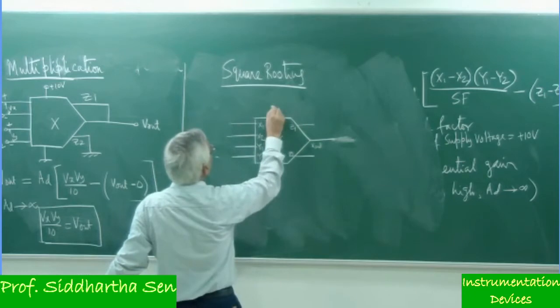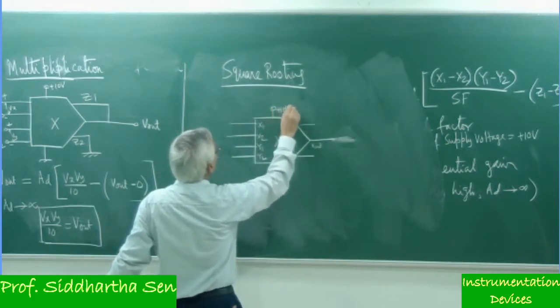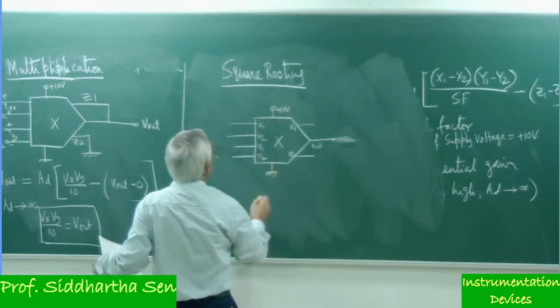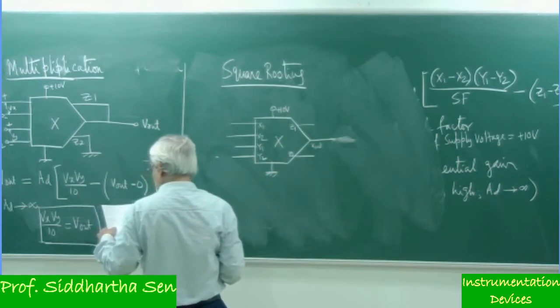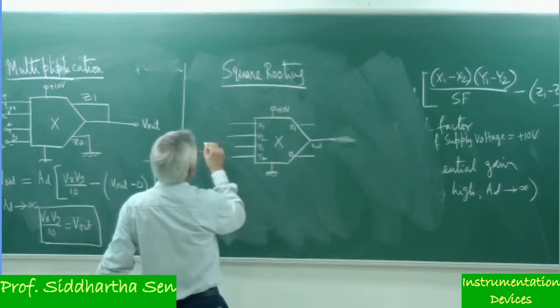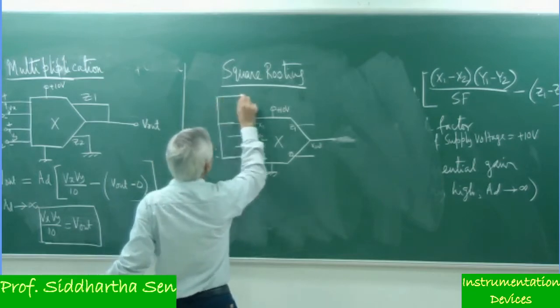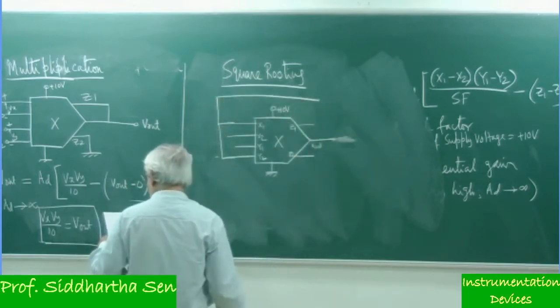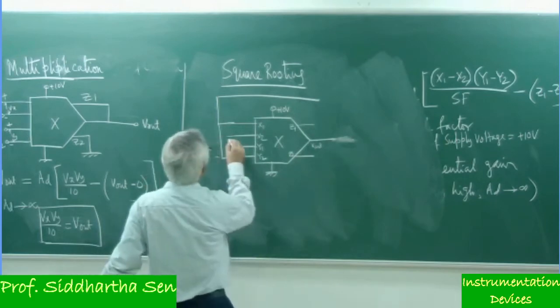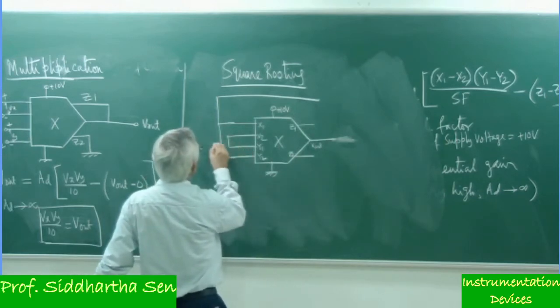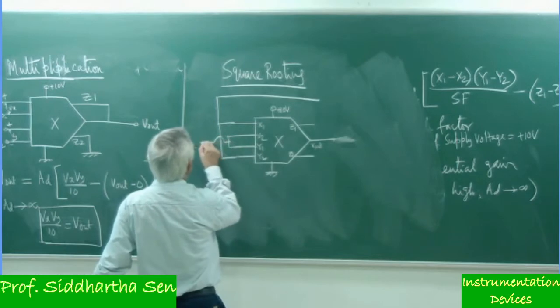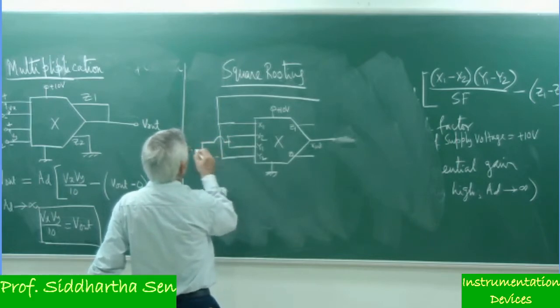So here it is plus 10 volt, here it is ground, and here X1 and Y2 are connected, while X2 and Y1 are connected and grounded.